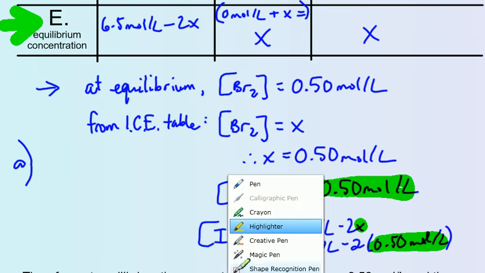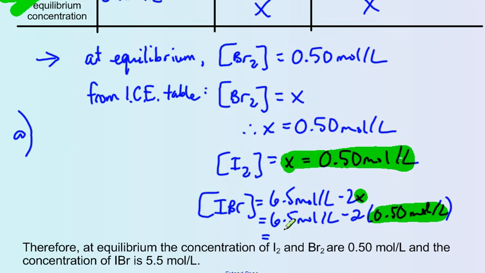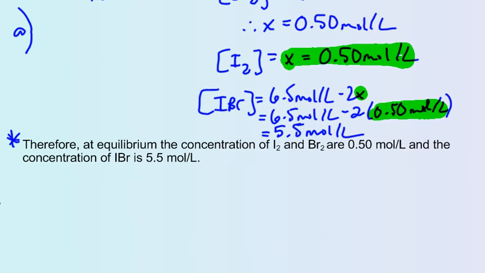And what we get as our final answer is 5.5 moles per liter. My therefore statement is left over from my failed attempt at making this video the first time around. So therefore, at equilibrium, the concentrations of I2 and Br2 are 0.50 moles per liter, and the concentration of IBr is 5.5 moles per liter.